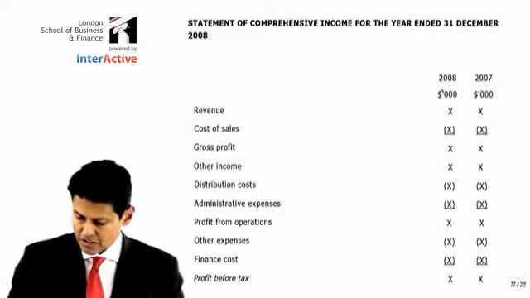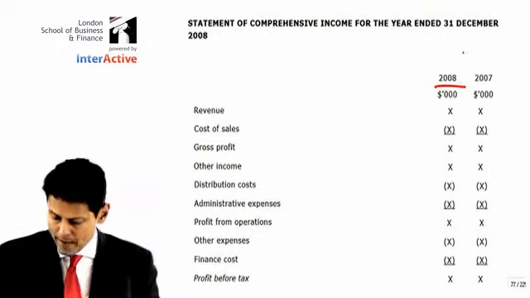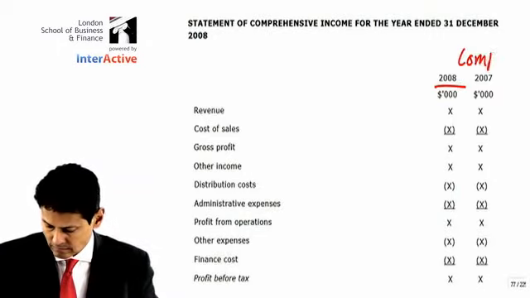If you turn on, please, to the next page, you have there the statement of comprehensive income, as it's called. It's a bit like the income statement, except recently they've changed a couple of things. Again, you're looking at 2008, and 2007 is a comparative only.